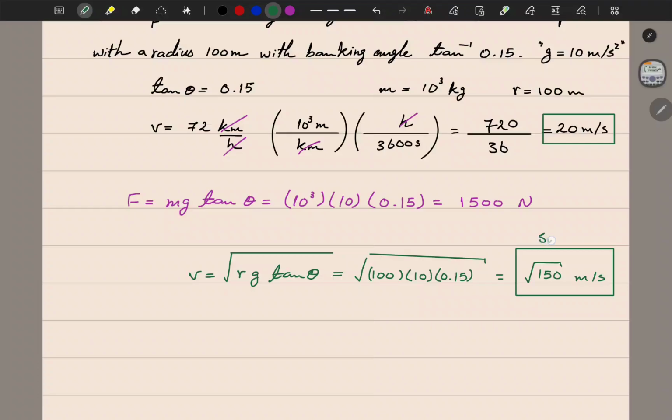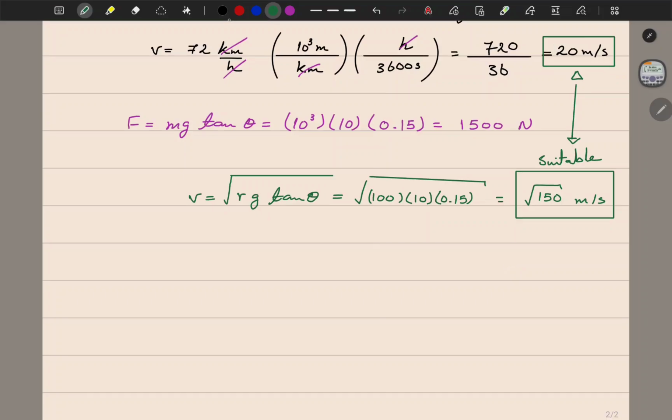This is the suitable velocity. So what we need to do now is to compare the velocity that the car is already moving at and the suitable velocity.